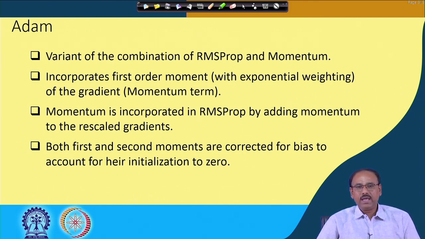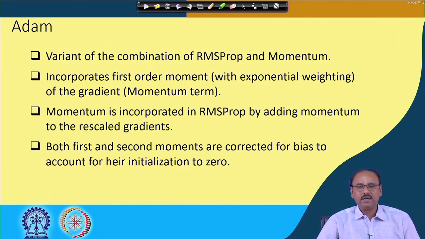Here we can incorporate both the first order momentum and the second order momentum. Second order momentum is nothing but the sum of squared gradients or the exponentially decaying average of the squared gradients, as in case of RMSProp, which is used for scaling the learning rate in individual directions.